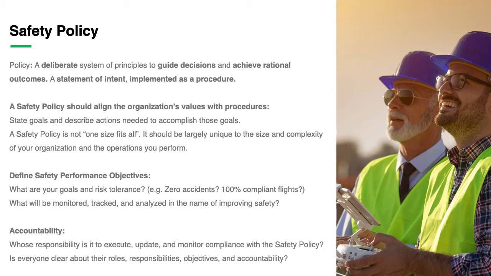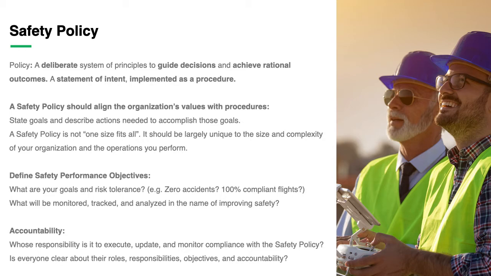The best way to think about a safety policy is that it should align the organization's values with procedures to accomplish those values. To say that another way, it's important in a safety policy to state your goals and describe the actions that are needed to accomplish those goals.